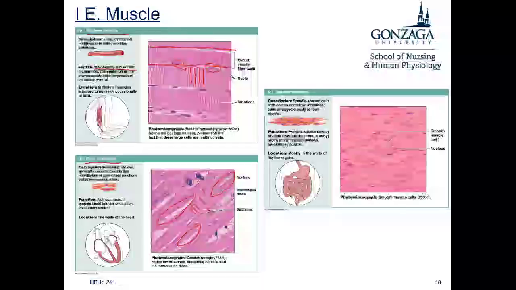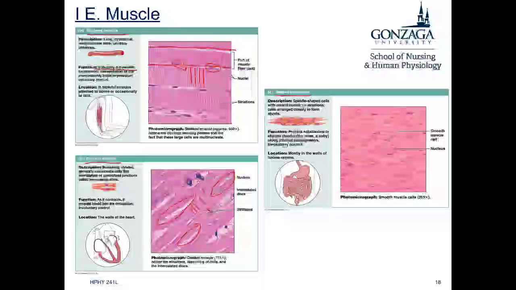The third type of muscle is smooth muscle, probably the one you're least familiar with. Its appearance is quite different than skeletal or cardiac. These cells are more spindle, flattened in shape.